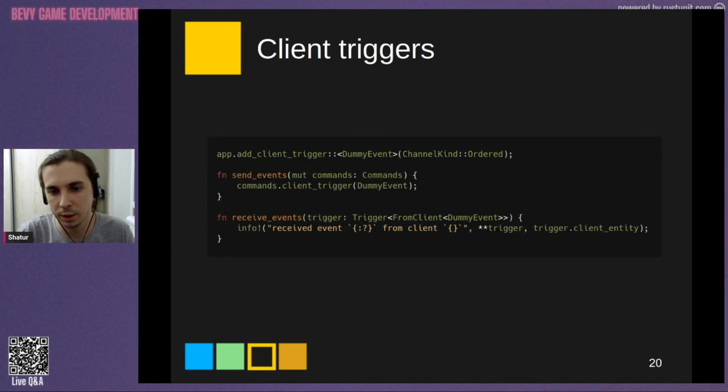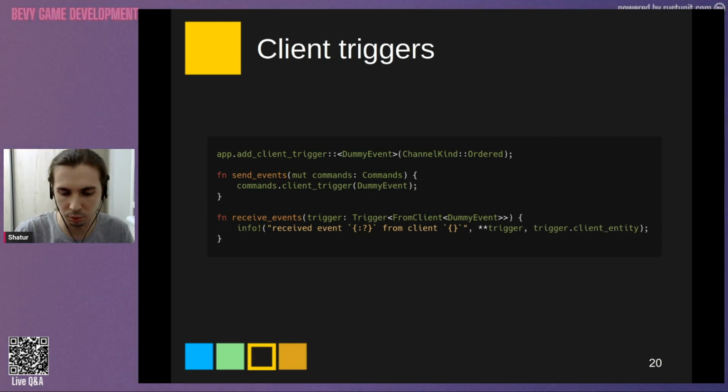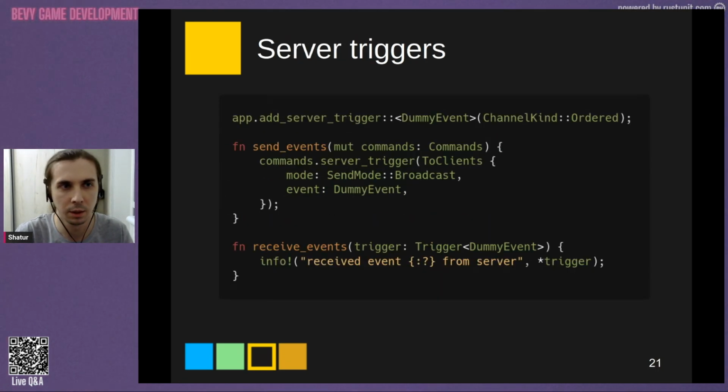Bevy also recently introduced triggers, and they have a quite similar API, just like in Bevy. Triggers are basically a different way to trigger and react to events. The API just mirrors events in our case. Client triggers look like this, and server triggers look like this.